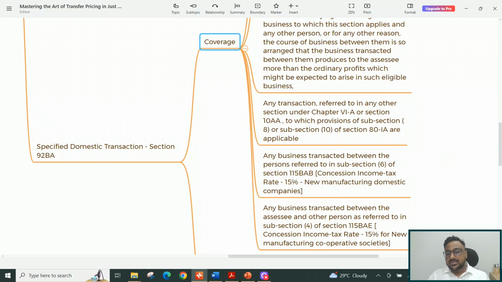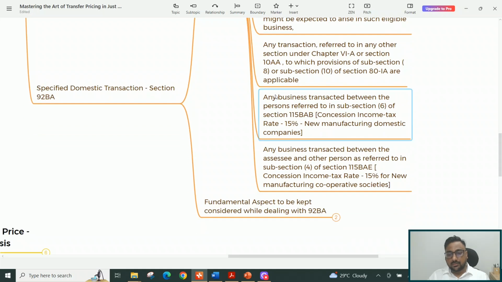Now any business transacted, again if you see the term, between the persons referred to in subsection 6 of 115BAB. Now what is 115BAB? 115BAB was introduced probably in 2019, where the government came with a concessional tax regime for certain manufacturing companies, and recently the government also came with 115BAE, which is a tax concession to some manufacturing cooperative societies.